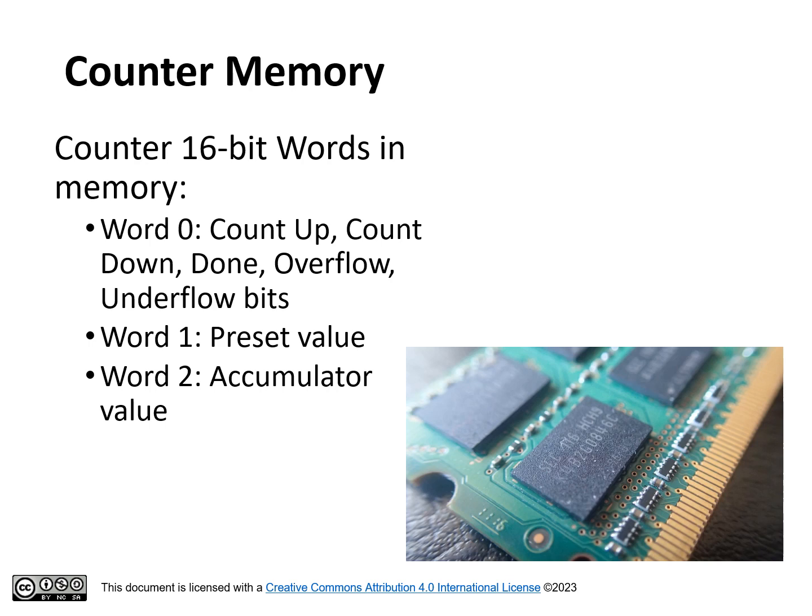The preset value is the target value that the counter is counting to. Word 2 contains the accumulator value. The accumulator value indicates the current count since the counter started counting. The done bit turns on when the accumulator reaches the preset value.